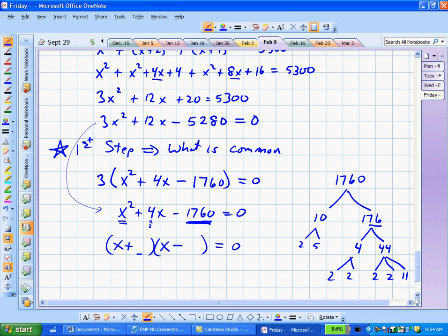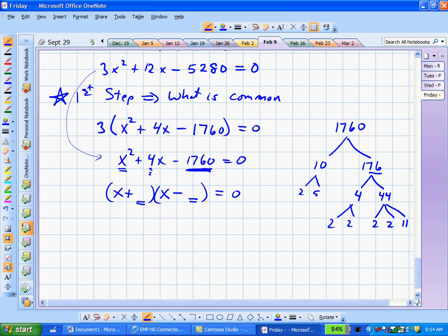So the numbers don't differ by very much. They only differ by 4. So I would bet that the numbers we're looking for are very close to the square root of 1760. So when I look at the factors, I want to create numbers which are really close to each other, only 4 apart. So there's some art in doing that.